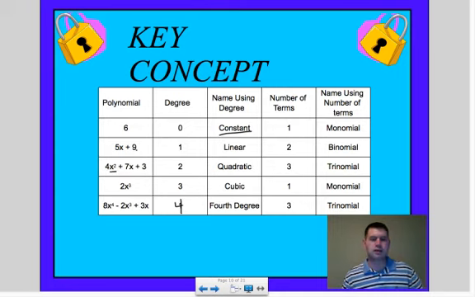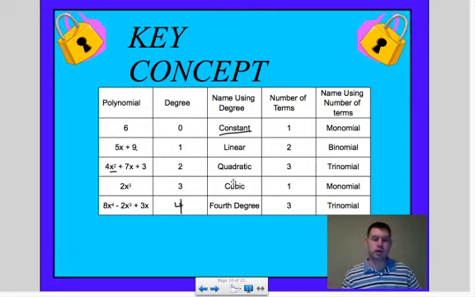Anytime you have x squared as your highest degree, that is what we call a quadratic. So chapter 8 is really going to be coming down on quadratics. It's a big component of the ECA test that we're going to be having here in May. So we're going to start diving into quadratics.